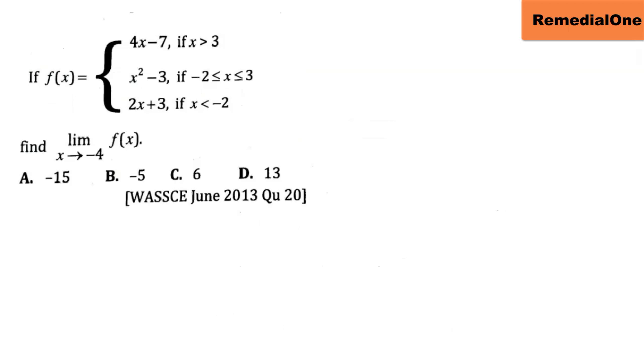Here we have a piecewise function, which is a function that consists of more than one piece, and now you have to be able to know your domains. So here, numbers that are greater than what? 3. So it's 4, 5, and so on. Here, x has to be greater than or equal to -2 and less than or equal to 3, so -2, -1, 0, all the way to 3.